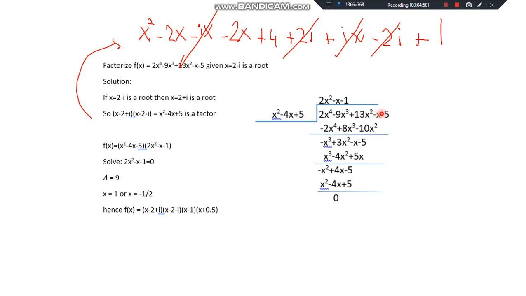This f of x will be x squared minus 4x plus 5 times 2x squared minus x minus 1. So here we have an equation of second degree. We do delta. Delta is 9. If you do it, you have two roots. So what are the roots now? You have x minus 2 plus i and the conjugate x minus 2 minus i, times x minus 1, times x plus half. So this is very simple, as you can see.